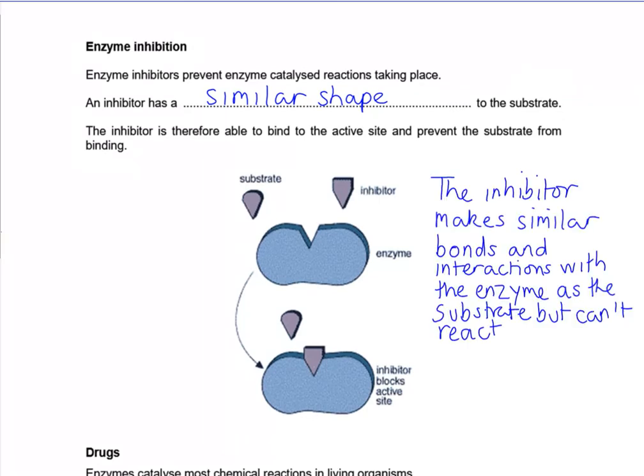The inhibitor makes similar bonds and interactions with the enzyme as the substrate, but it can't react. This type of inhibition is called competitive inhibition, with the inhibitor and the substrate competing for the active site. The amount of inhibition depends on the relative concentrations of the inhibitor and the substrate.